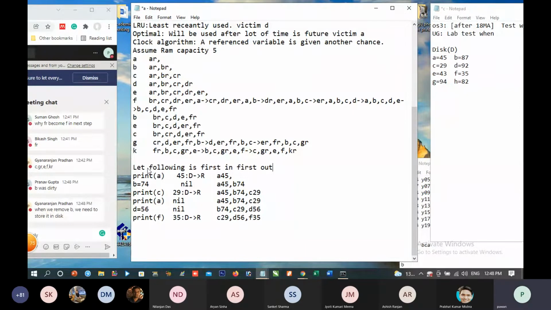That is correct. Jan is fully correct. Hence, we need the concept of dirty bit also. Simply, this will not be sufficient. Along with this, the value of B, which is 74, will also be transferred from RAM to disk. Do you understand it?